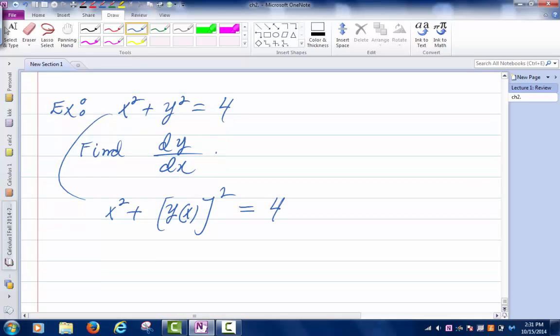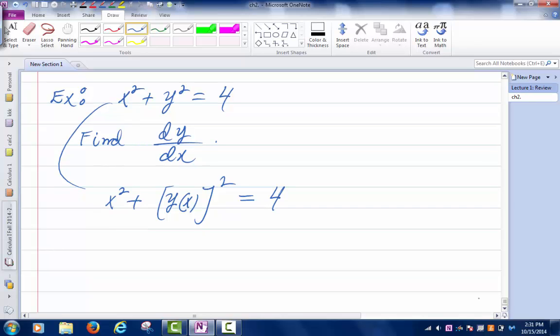Okay? And now, if both sides are equal, the left-hand side is a function of x because I'm viewing y as a function of x. The right-hand side is a function of x, so I can take the derivative of both sides with respect to x. So if I take the derivative of the left-hand side with respect to x, I can take the derivative term by term, right?